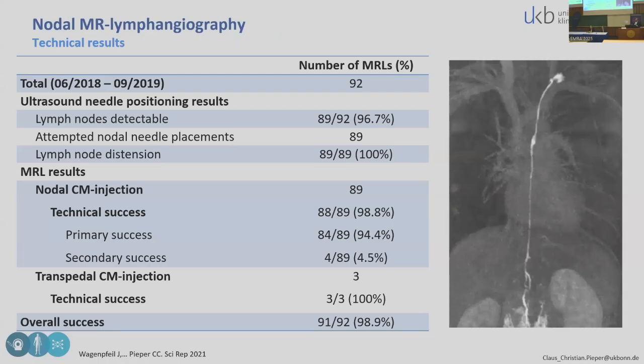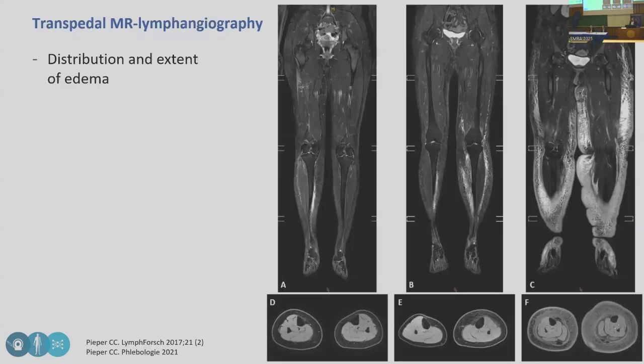Nodal MRL is also a reliable technique. This is just a small excerpt from 7 years ago, in which you can see that the overall technical and clinical success, where you could actually answer the question you had, was almost 100%.